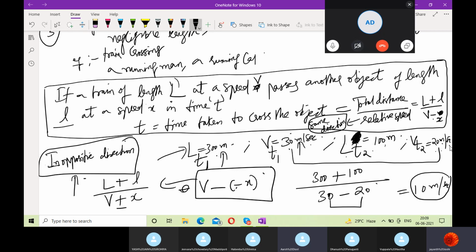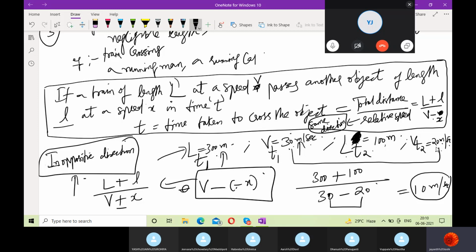Which is the faster train here? Yes, all of you. The one which moves at the speed of 30 meters per second. Yeah, it is an understood fact. This particular train is crossing 30 meters in how many seconds? Per second, 1 second.